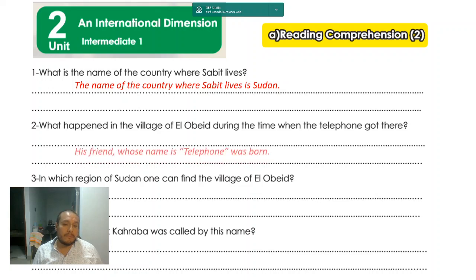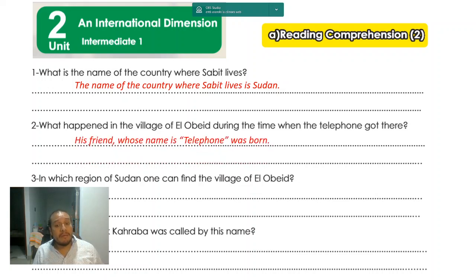Of course. His friend, whose name is Telephone, was born. That is why their parents put Telephone as his name. So because that was on the same day. Number three, in which region of Sudan can one find the village of El Obeid? You remember? It is in the Kordofan region, according to the text.